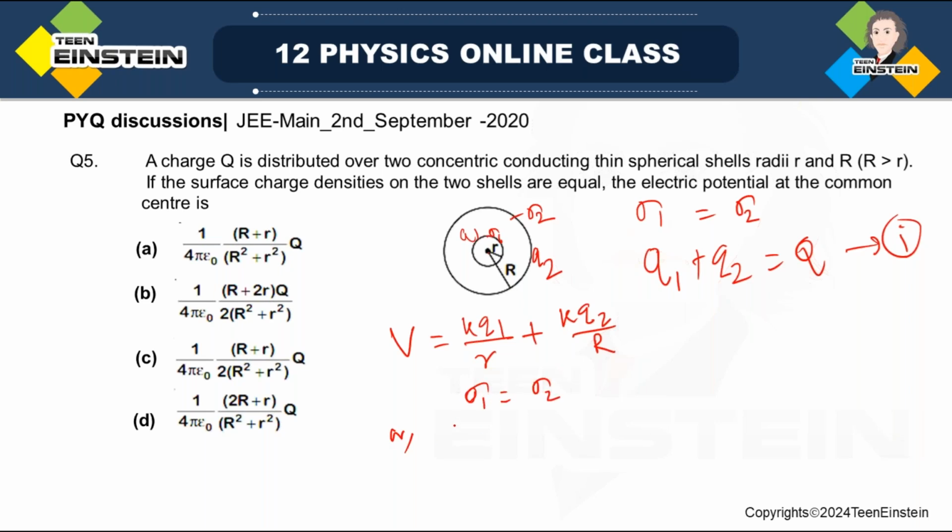That means sigma 1 is equal to Q1 by 4 pi r square, and this will be Q2 by 4 pi capital R square, as the second sphere has charge Q2.